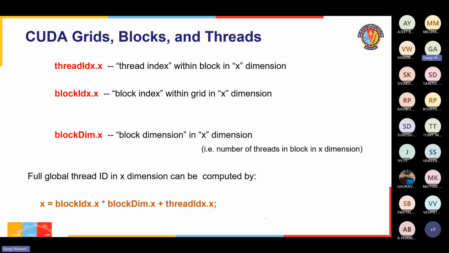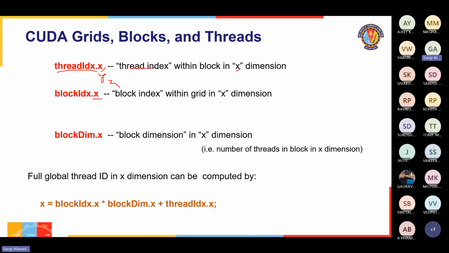So to calculate this unique thread index, you have these three things: threadIdx, which is the thread index. If it is x, it is in the X dimension; if y, the Y dimension; if z, the Z dimension. blockIdx is the block index.